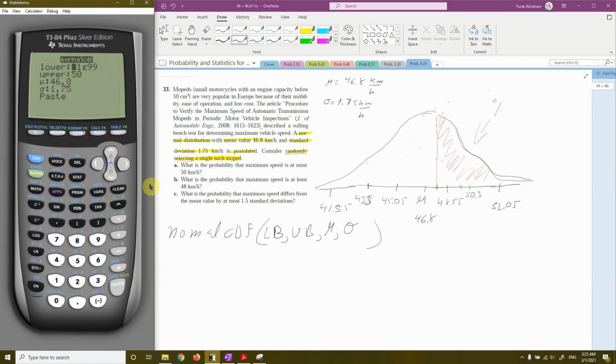In this case, the lower bound is a little bit different. It's going to be the given number, at least 48. So it'll be 48. The upper is going to be the maximum. Again, I could use 60 or 100, but it's best to put a really large number.